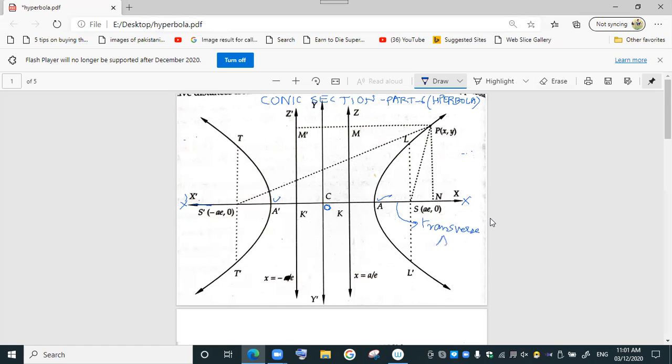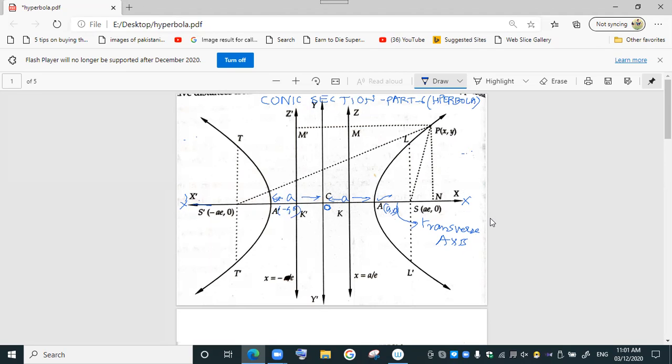It is at a distance of a from the y-axis, as we have seen in the ellipse also. So it will have the same coordinates (a, 0) and (-a, 0).